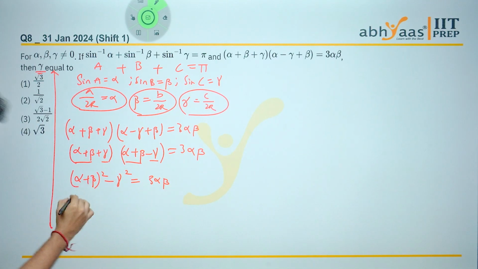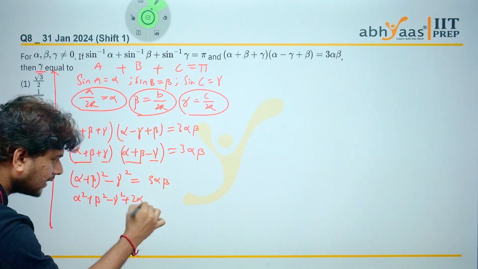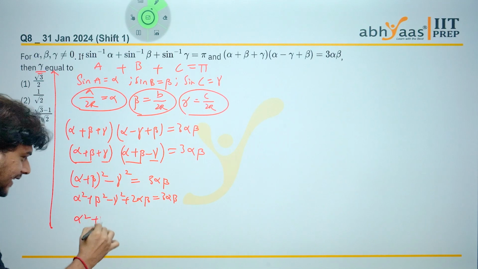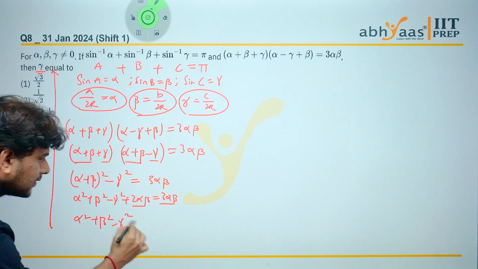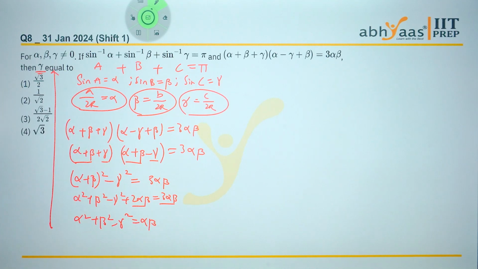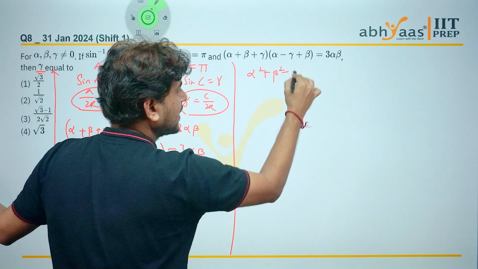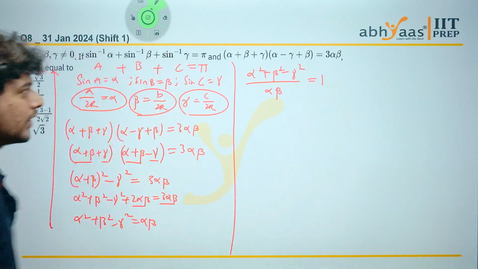Now this is alpha square plus beta square plus 2 alpha beta equal to 3 alpha beta. Then we'll get alpha square plus beta square minus gamma square by alpha beta equal to 1. This is what we got.